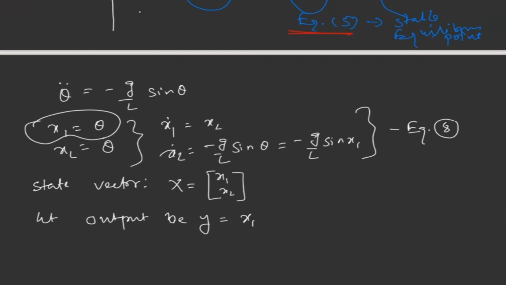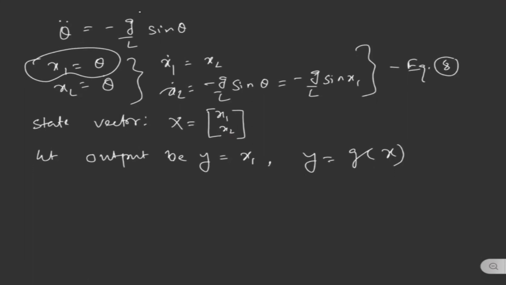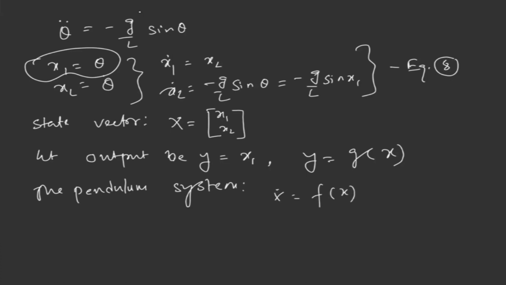And in that case, we can write y equal to g of x, some function of x. And we can write the pendulum system in this form: x dot equal to f of x and y equal to g of x.